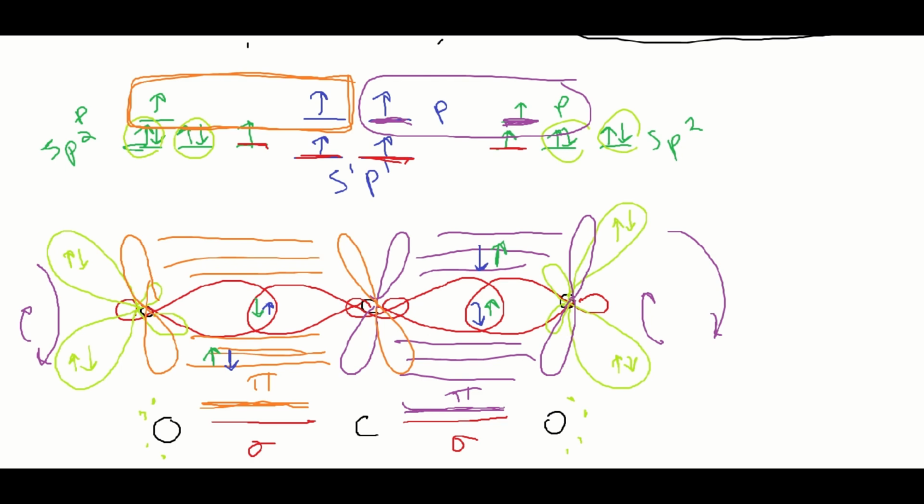So hopefully now you can describe the bonding that happens in the carbon dioxide molecule. The sigma bonds are created by the head-to-head overlap of the hybridized orbitals. You should also know why we're hybridizing these: we need maximum separation to lower the energy of the molecule.